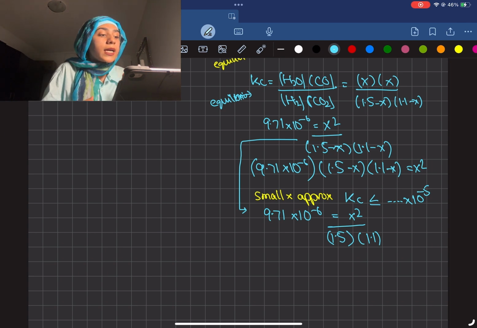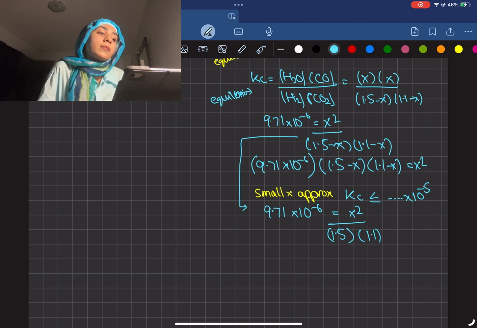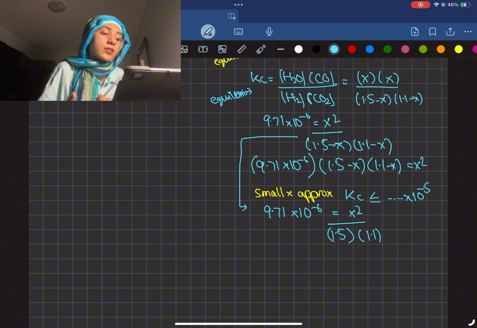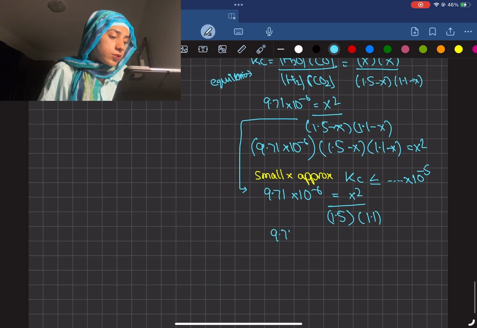It's going to be really minute, so I can just drop it altogether, because my Kc is 10 raised to the power negative 6. If it was 10 raised to the power positive 6, I could not use small x approximation. I would need to go the long way, using the quadratic formula and finding the value for x. But here I can, and now I'll just solve it using maths.